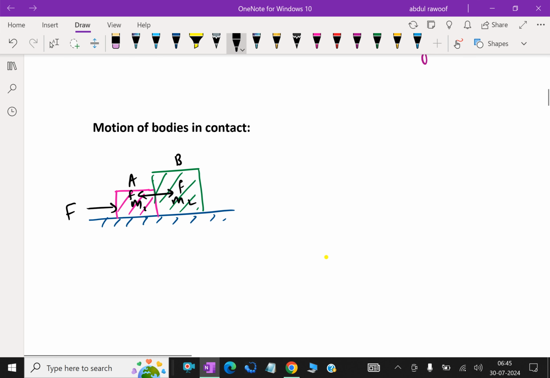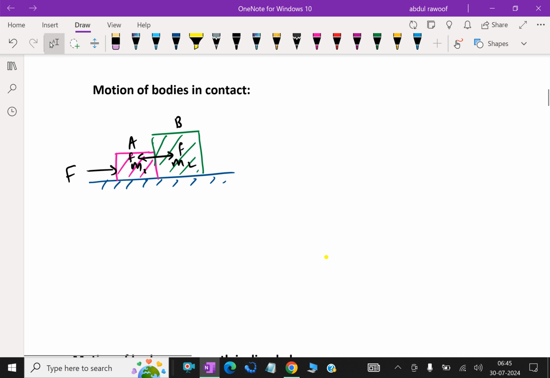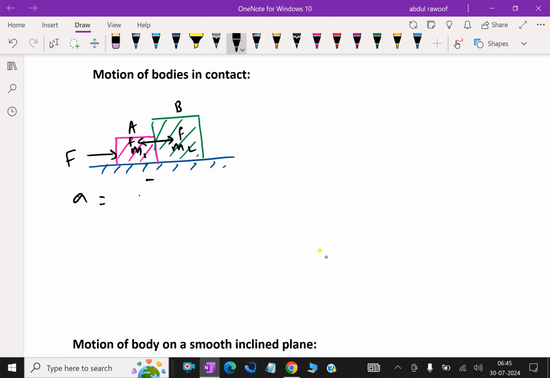Now look here, the acceleration A of the body in the direction of the force application is F over both masses added, M1 plus M2.